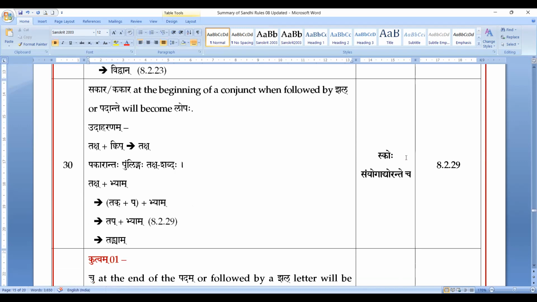The next one also we saw: Skoho Sanyogadyorante. Sakara, Kakara at the beginning of the conjunct. All these sutras you will find wide application when we do Tinganta and Subanta. So now we may not be able to give the examples which we know.